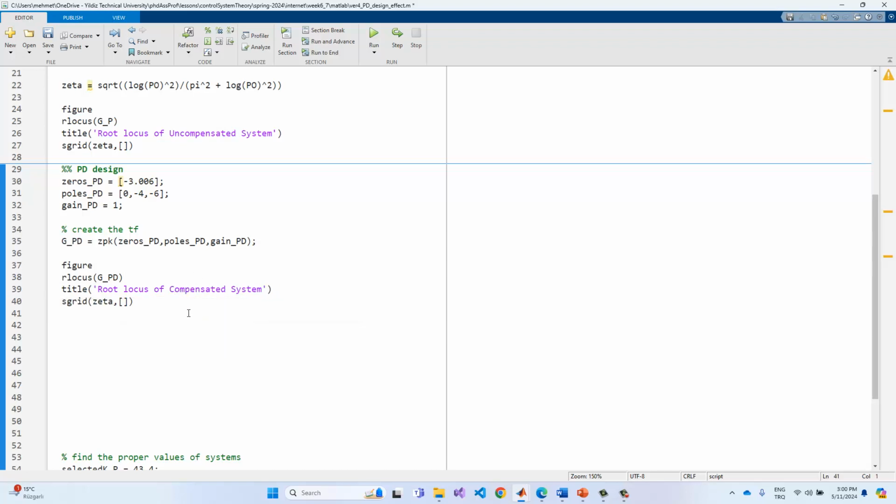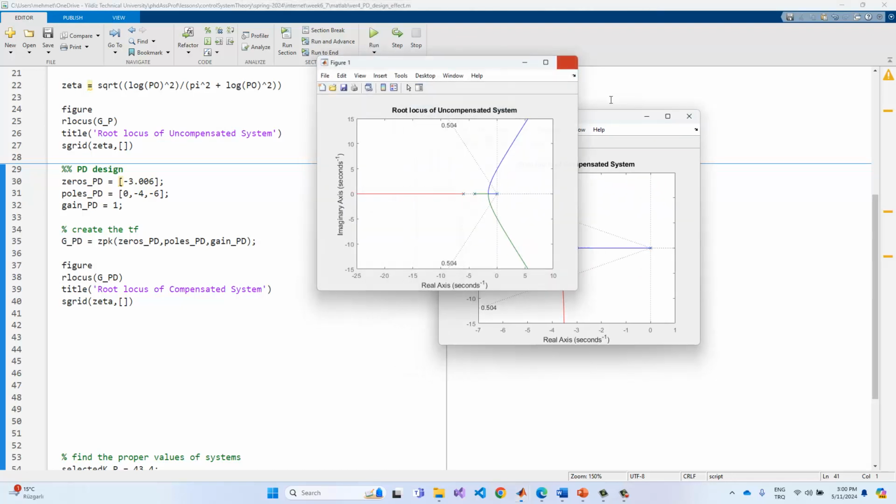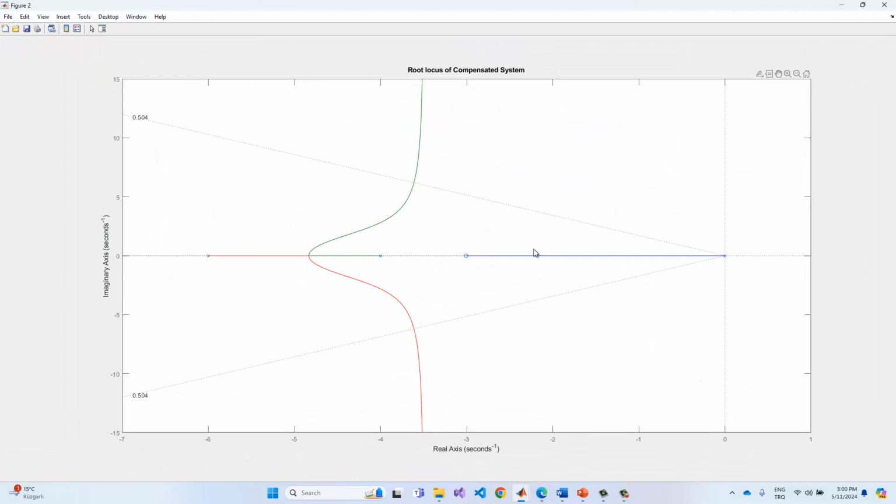Then if we rerun this code, at the second root locus we have the new updated system, just like this one. This is adding the minus 3 zero to our system.